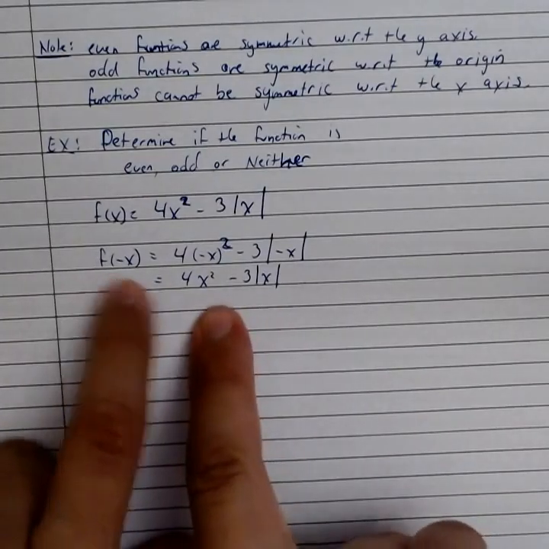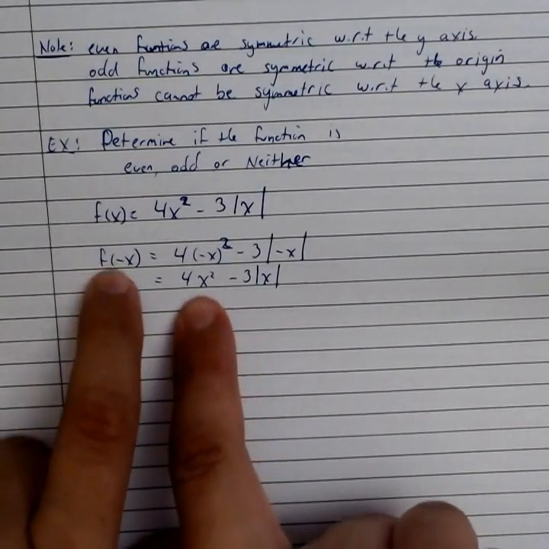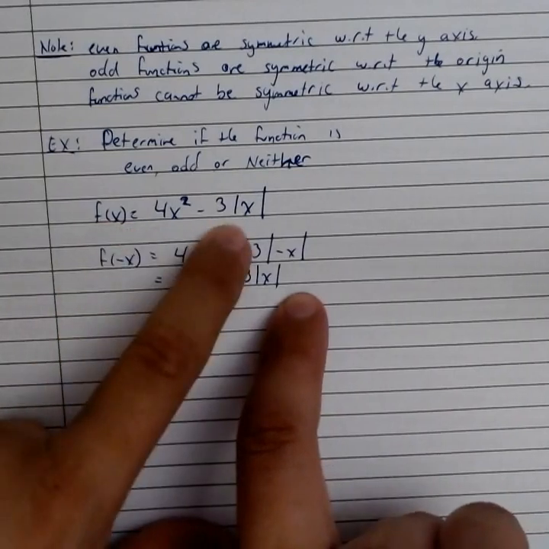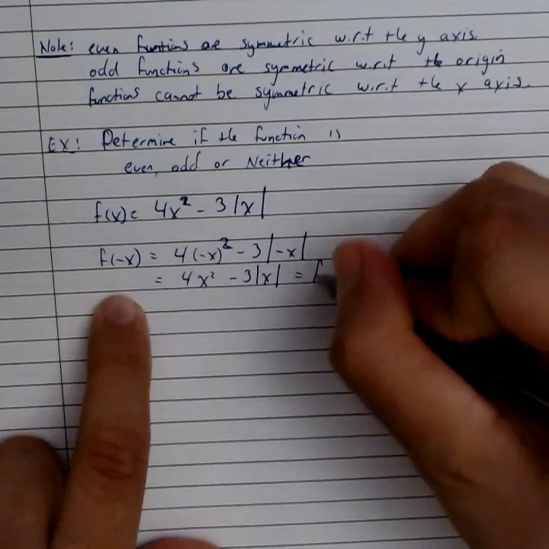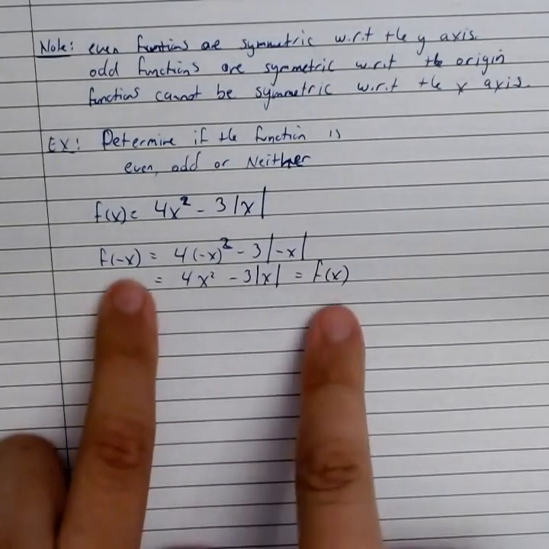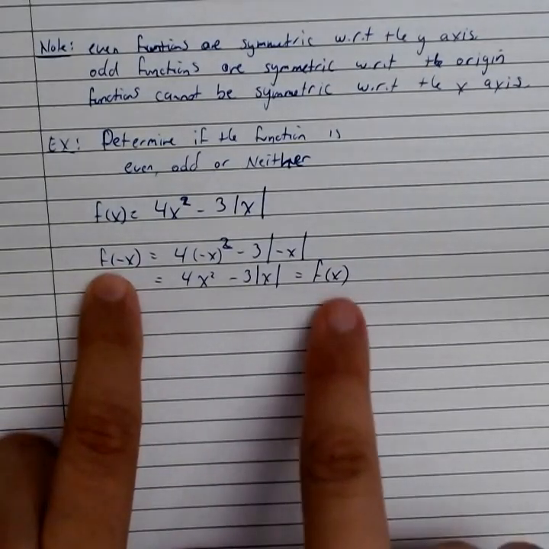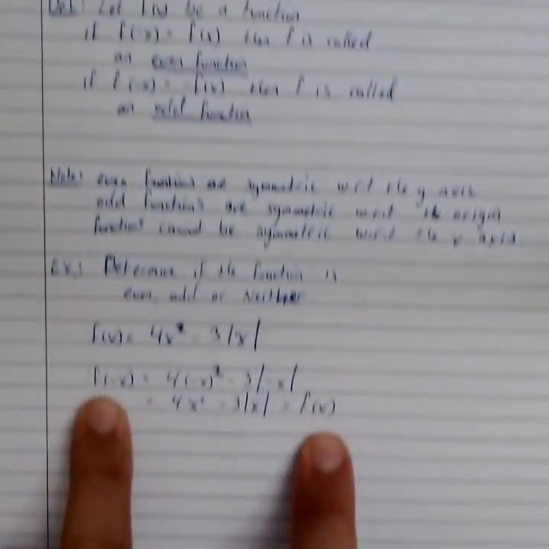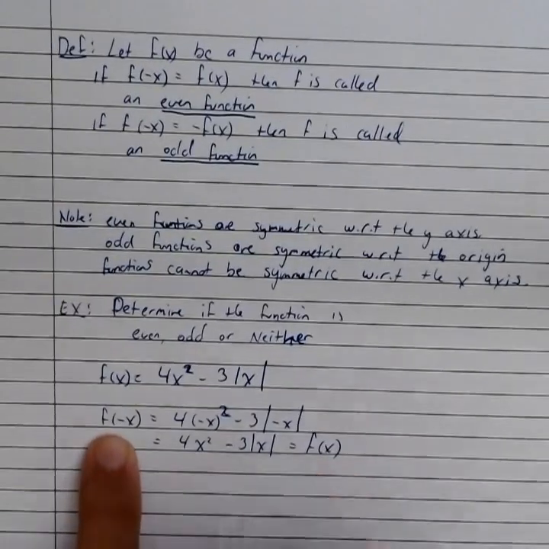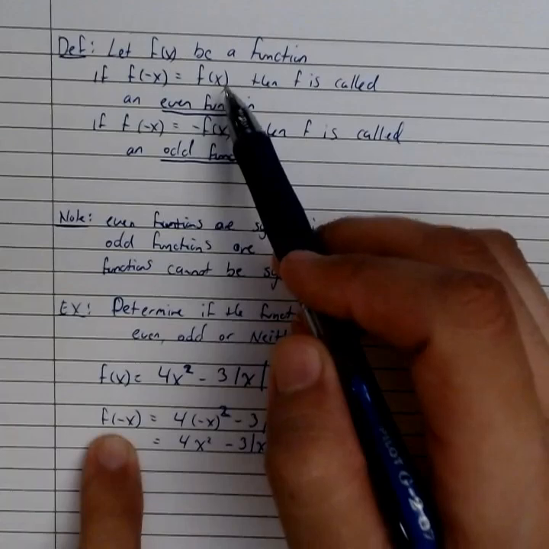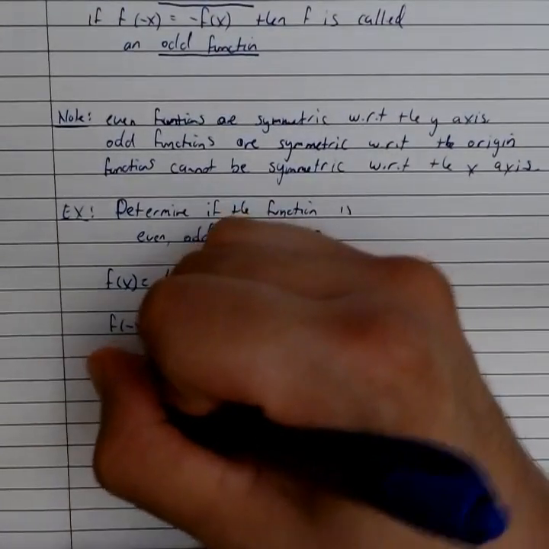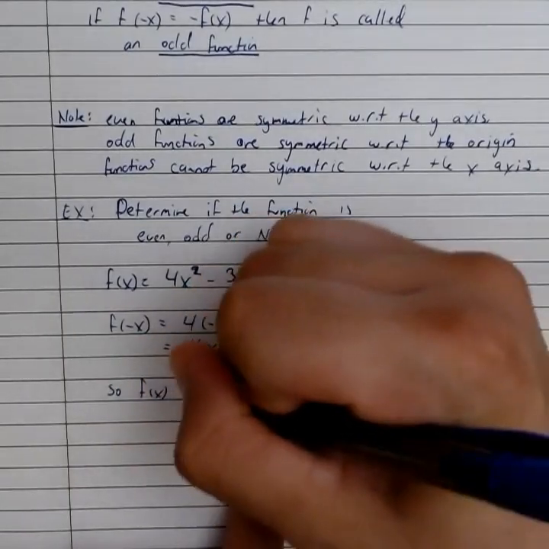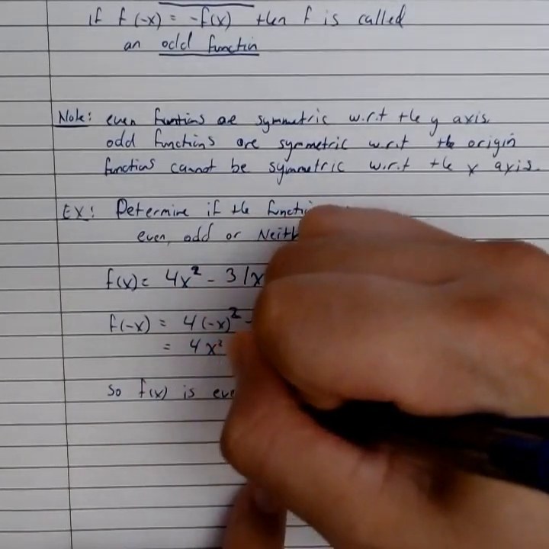Notice how, when I plugged in minus x here, I ended up with the original function. So this is equal to f of x. So f of minus x is equal to f of x. But our definition tells us if f of minus x is equal to f of x, that's an even function. So here, f of x is even.